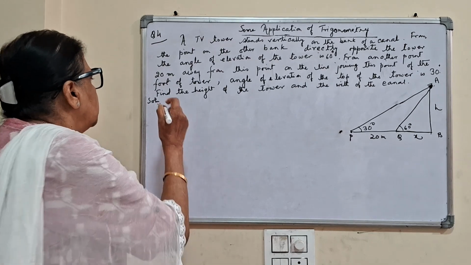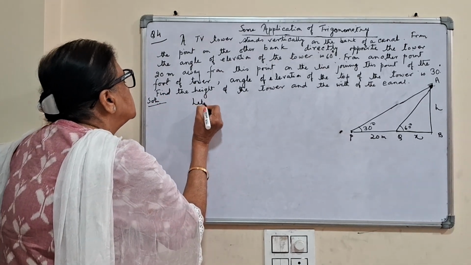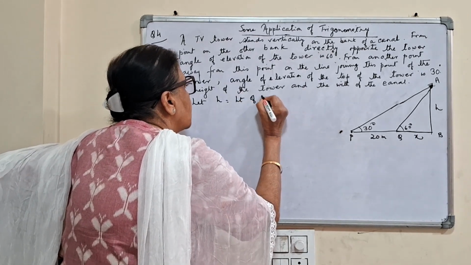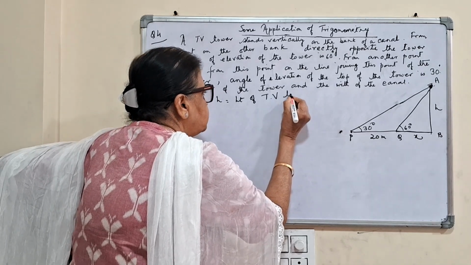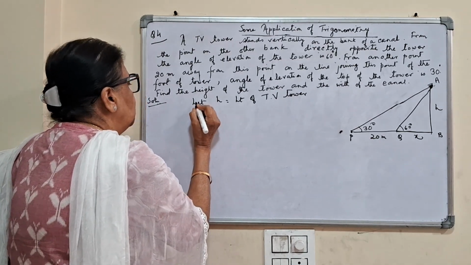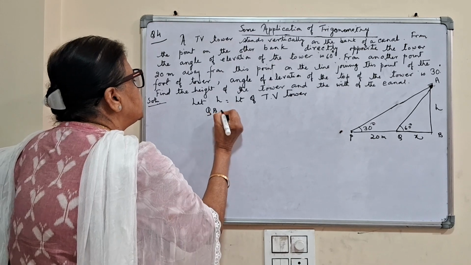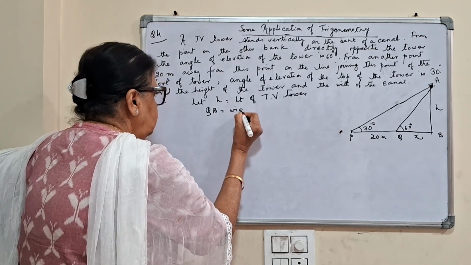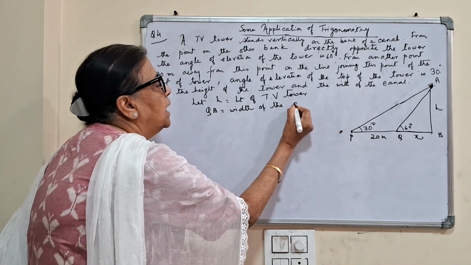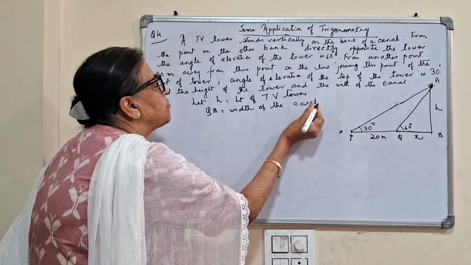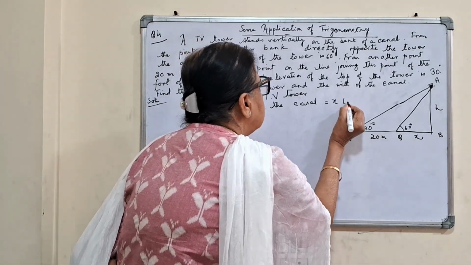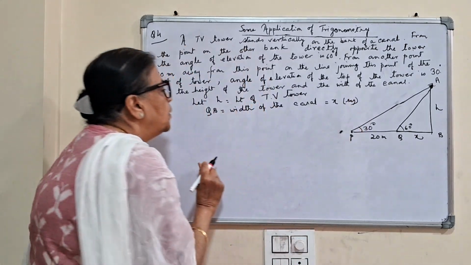Let H be the height of the TV tower and QB be the width of the canal, which we take as x.